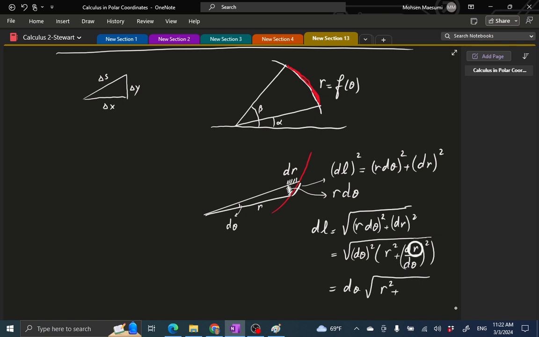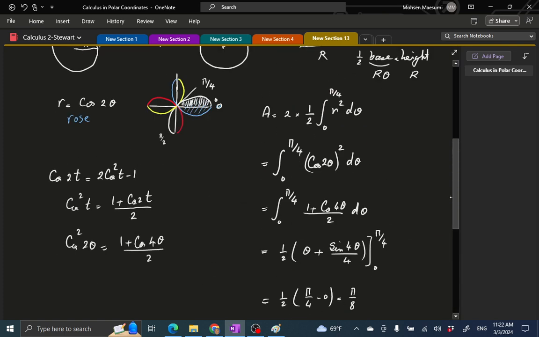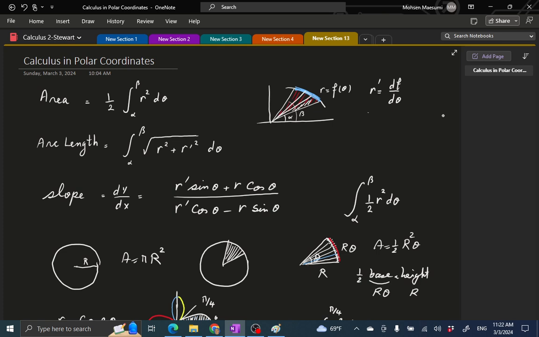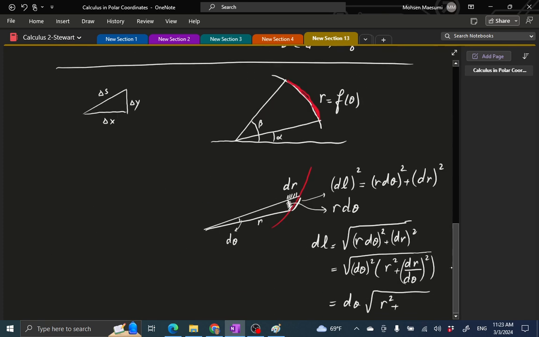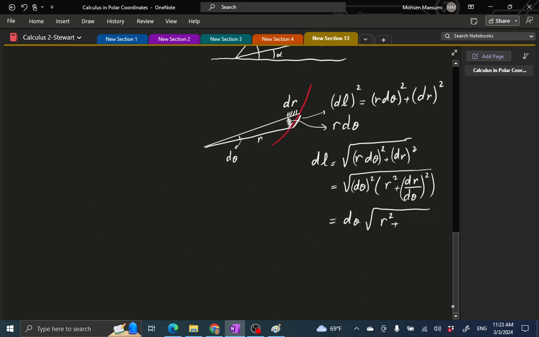That's the derivative of r with respect to theta. That is what we agreed as a matter of shorthand, dr d theta or df d theta, and let's abbreviate it to r prime, so that is just r prime squared.